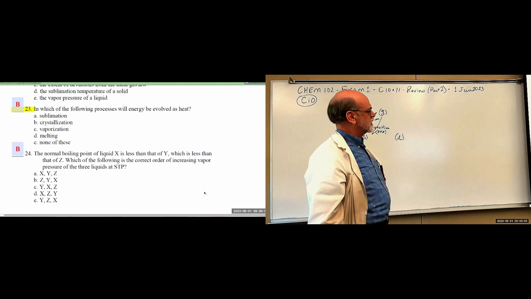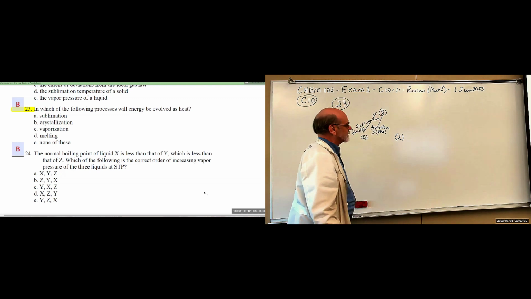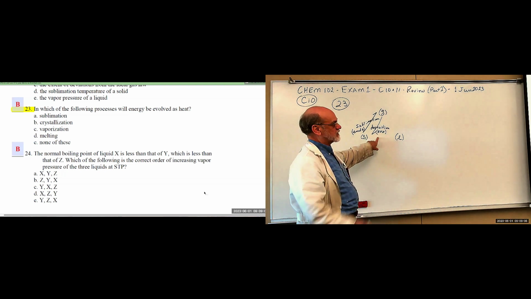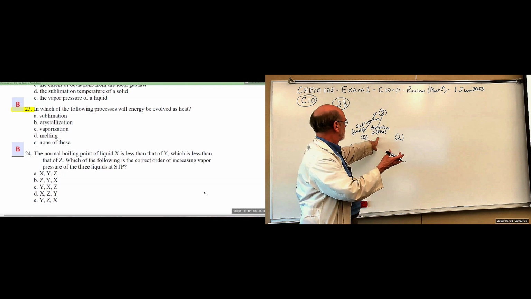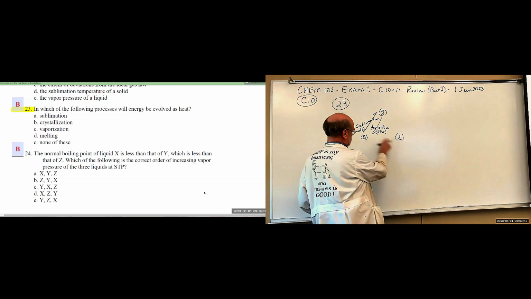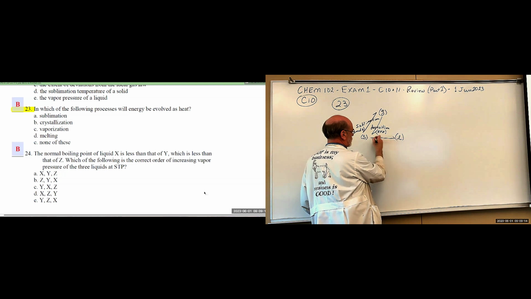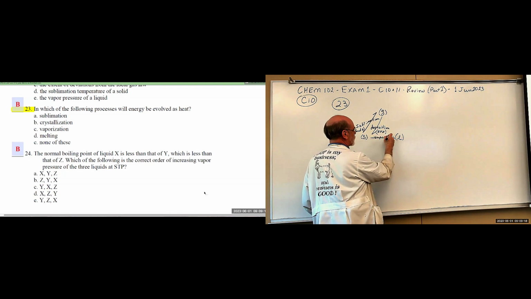Now let's see, am I getting warm? Which of the following processes evolved heat? All right, this would evolve heat, deposition. It's not there. All right, so let's try this one. Solid to liquid is vaporization, right? And this is also endothermic.